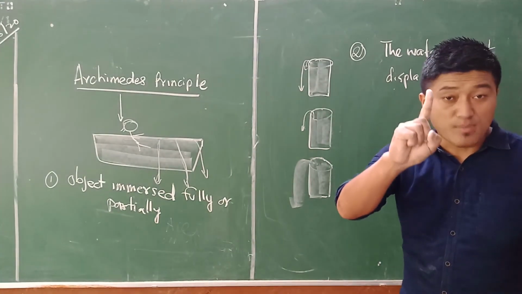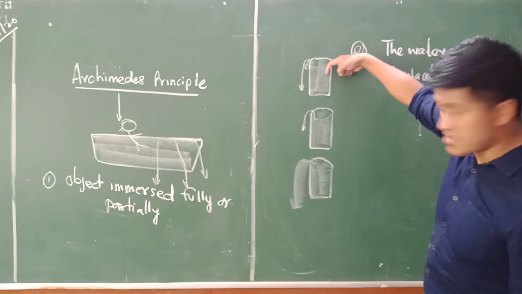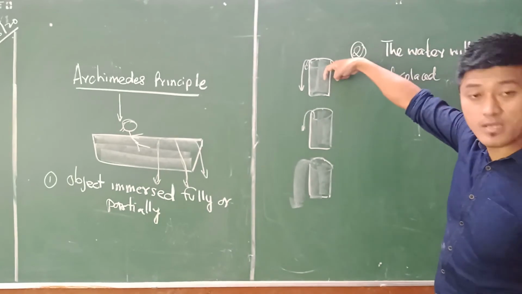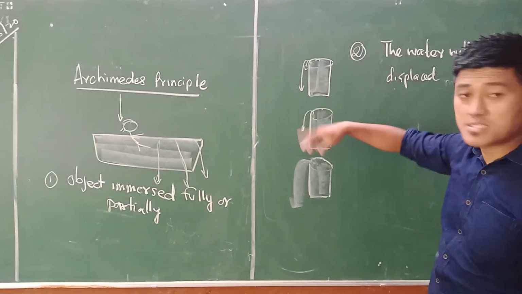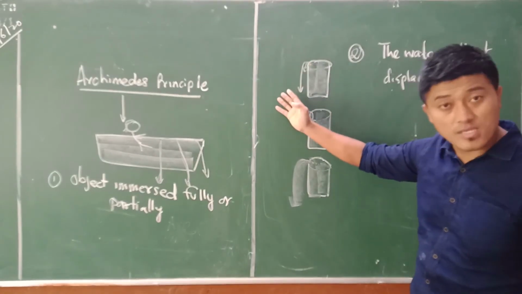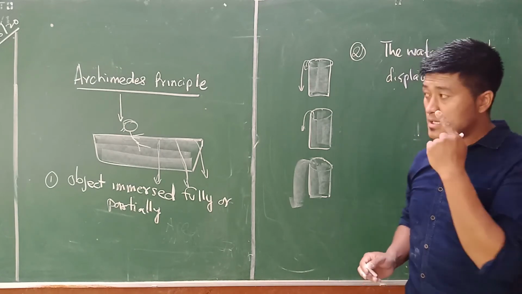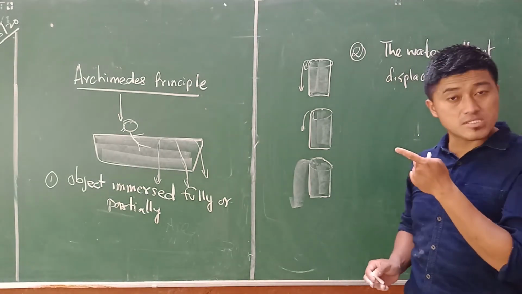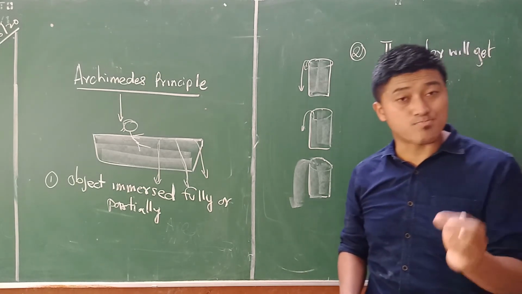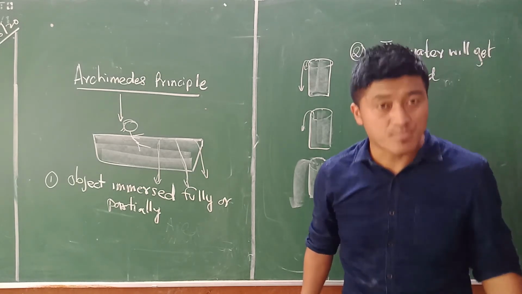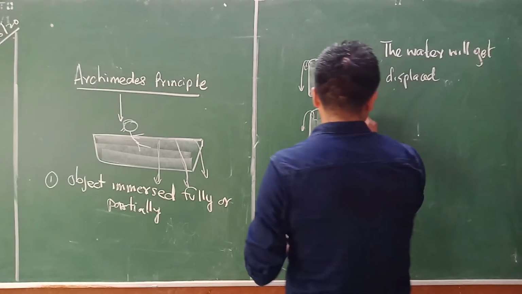Let's say this is my finger. Whenever an object is immersed, some water is going to get displaced. But we learned in the previous topic about the buoyancy force. Whenever an object is present in water, there is an upthrust force, also called buoyant force.